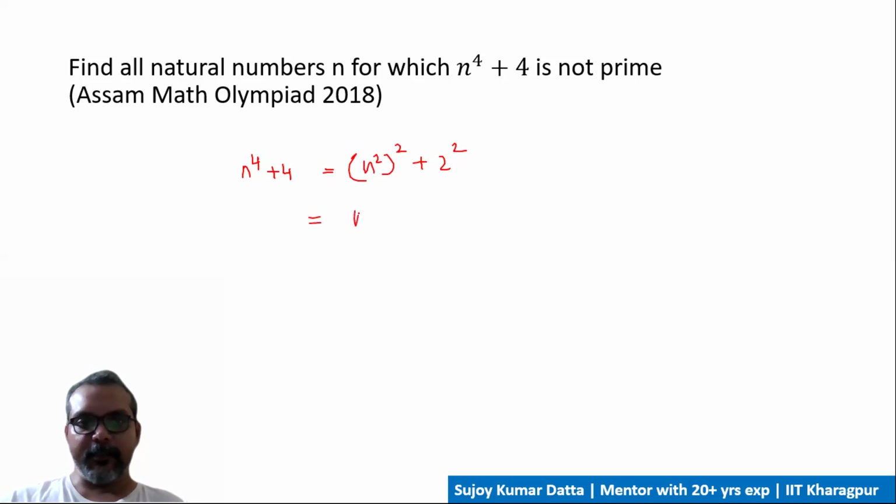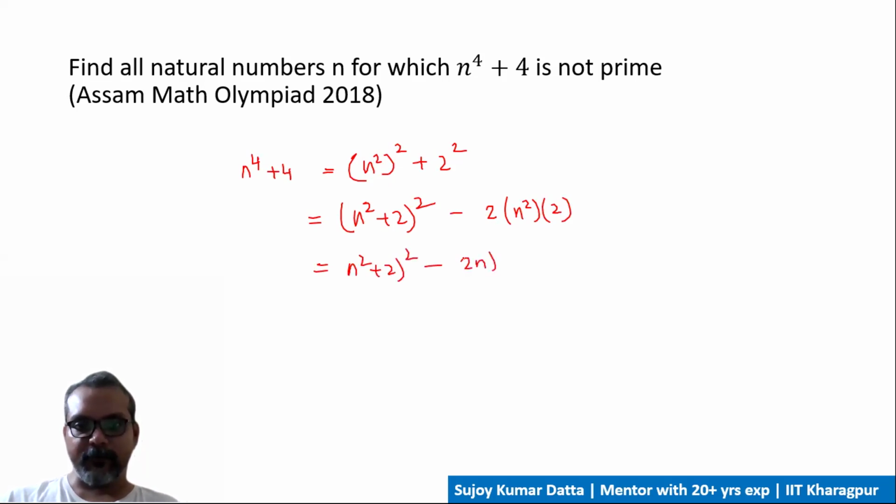So this can be written as this minus, okay, n squared plus 2 whole square will be n to the power 4 plus 2 squared plus 2 times n squared. So we have to remove that. Now this is 4n squared. So difference of two squares.